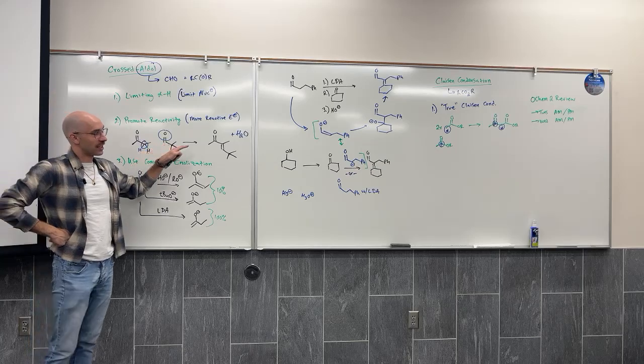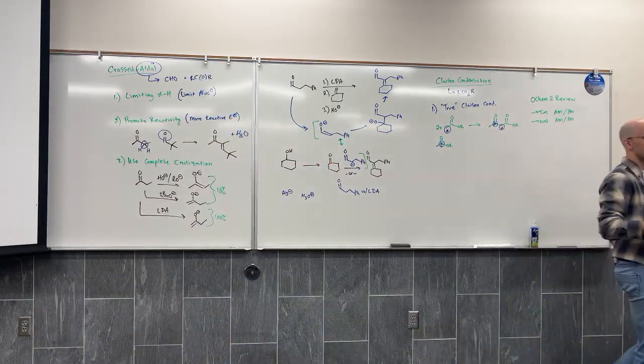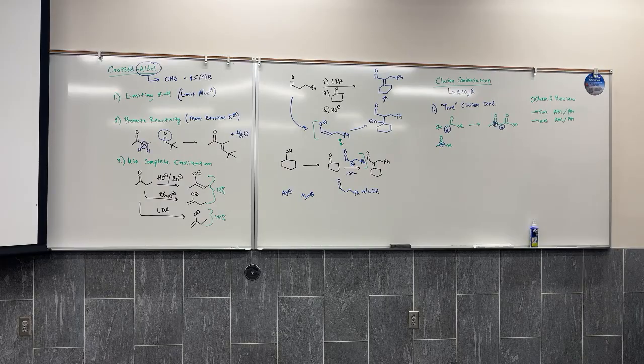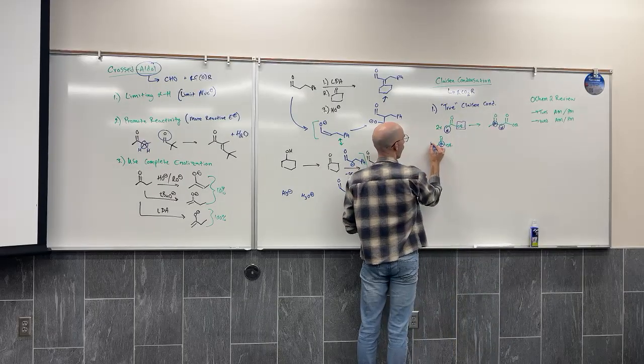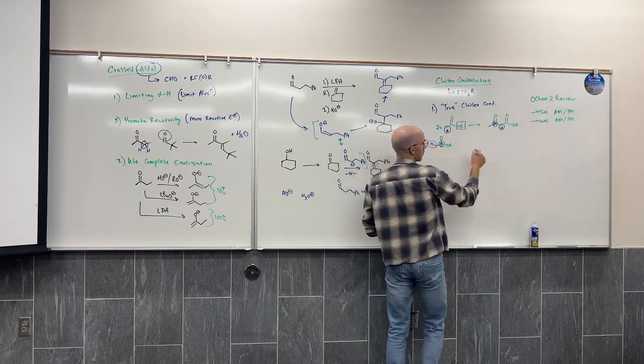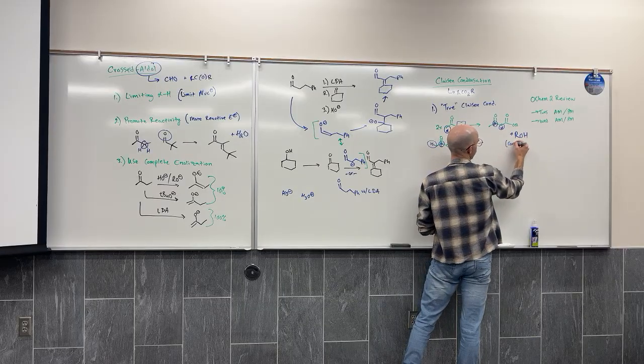Aldol condensation condenses water. Claisen condensation condenses an alcohol. This OR group gets lost, and one of these alpha hydrogens gets lost. So this condenses out an alcohol.